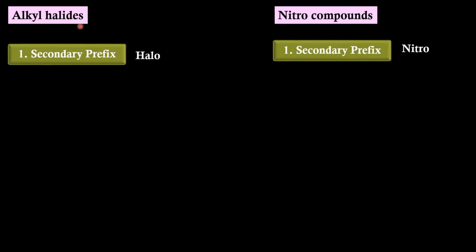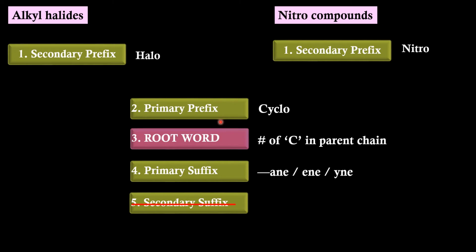So for alkyl halides, secondary prefix will be halo. If it is chlorine, then it will be chloro, bromo, iodo, fluoro, etc. For nitro compounds, secondary prefix will be nitro. Rest of the IUPAC name will remain same both for alkyl halides and nitro compounds.